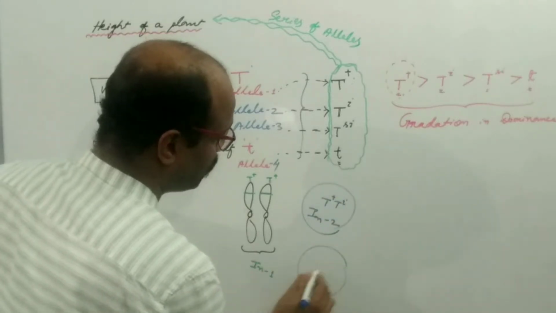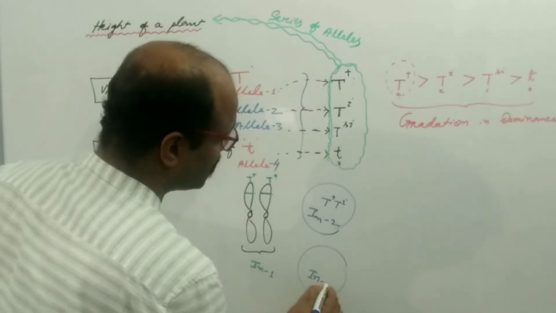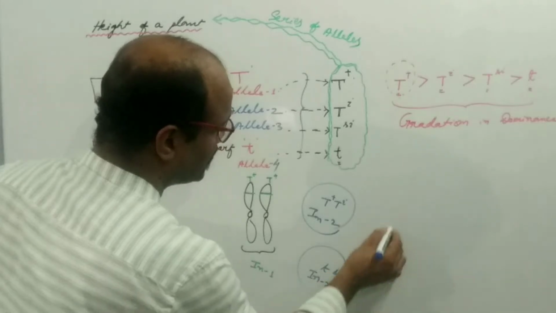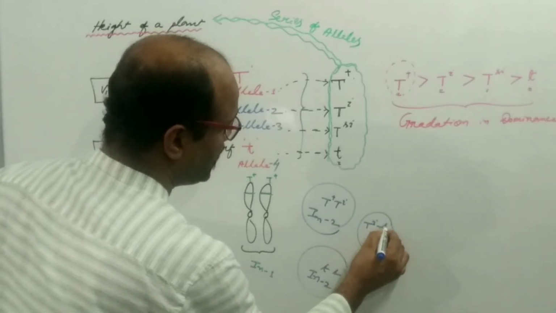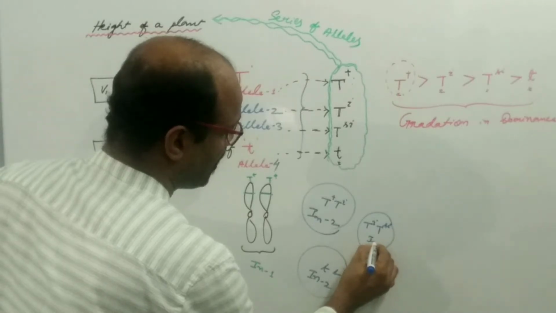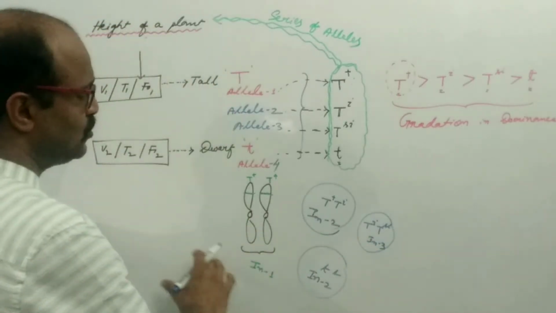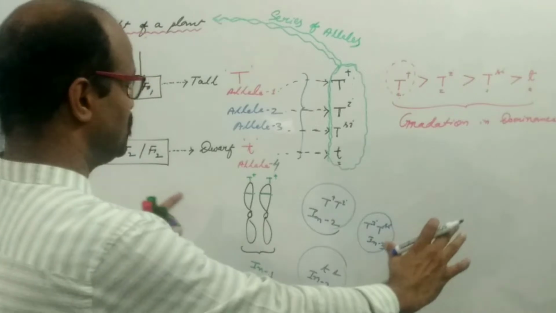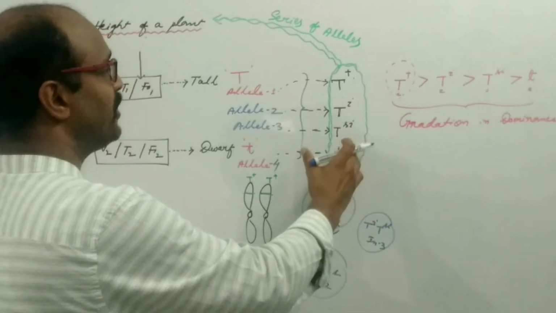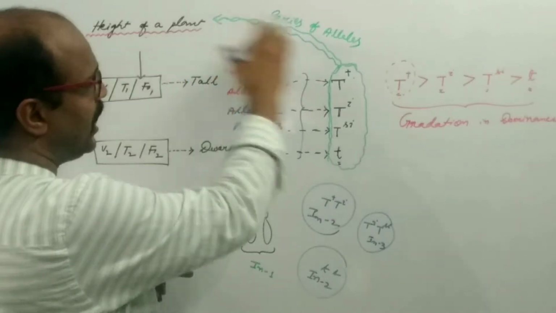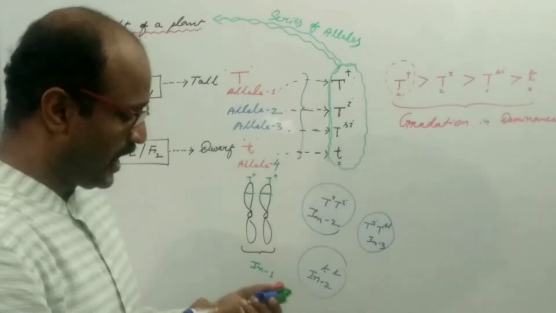This is another individual which has a small tt. This is another individual, suppose it has Ti and Tsi, and this is individual 3. So like this, so many individuals contain different forms of the same gene out of the series of alleles.